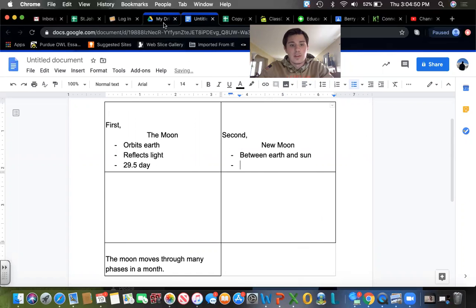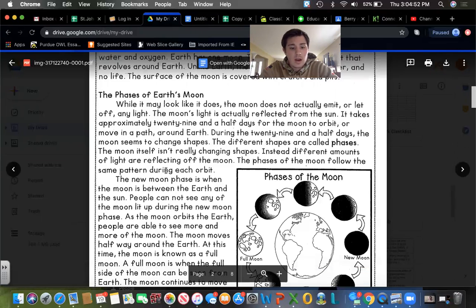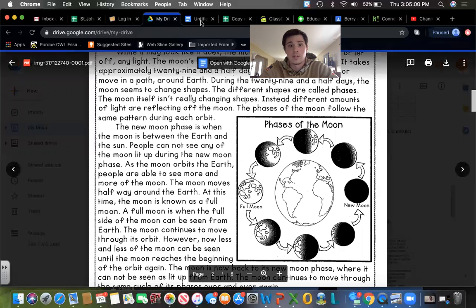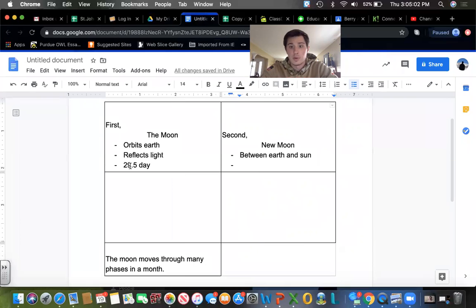Let's find some other information about it. As we keep going, people cannot see any of the moon at this point. Another great thing to talk about. Remember over here, we talked about reflecting light. At this point, it's not reflecting any light, so we can't see.